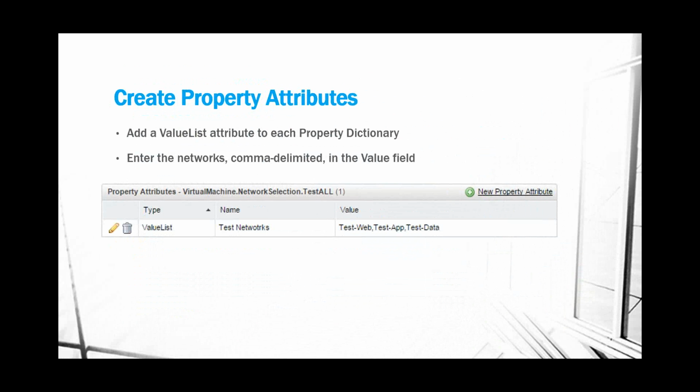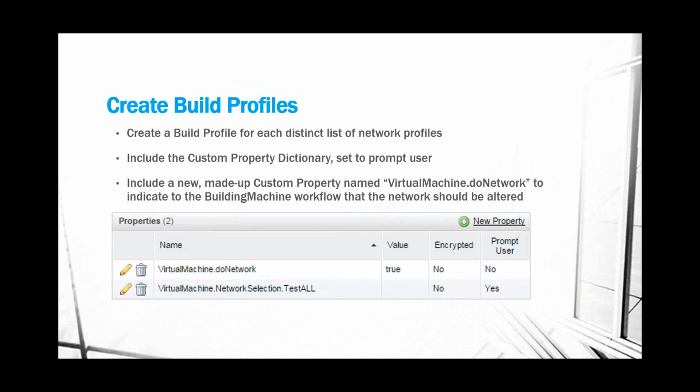In addition, we're going to create our build profile. We're going to create one again for each network list that we're going to have. In this particular case, we're going to make sure that we set the new custom property VirtualMachine.DoNetwork. We're going to set its value to true. Again, we're going to apply some logic in our workflow that says if the DoNetwork property is set to true, then of course we go and do something.